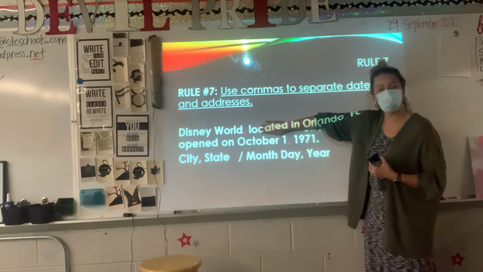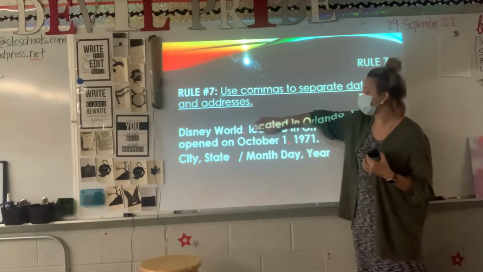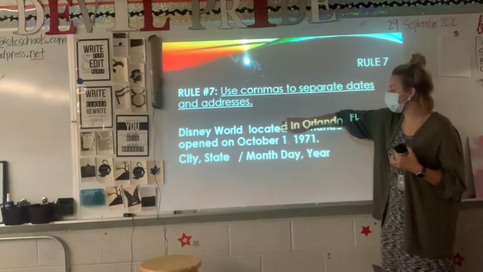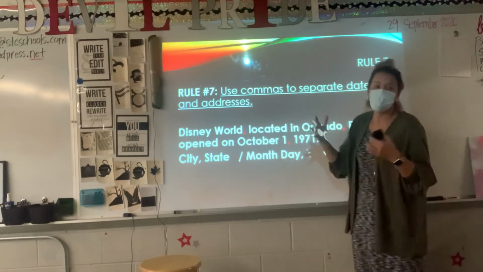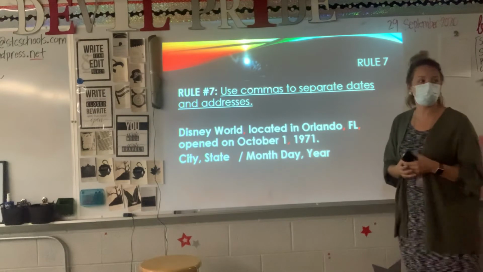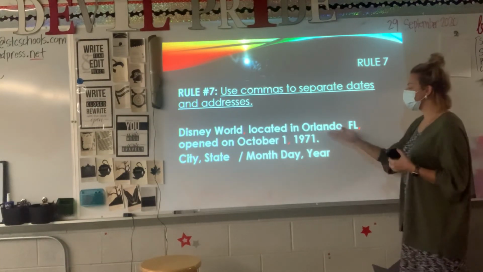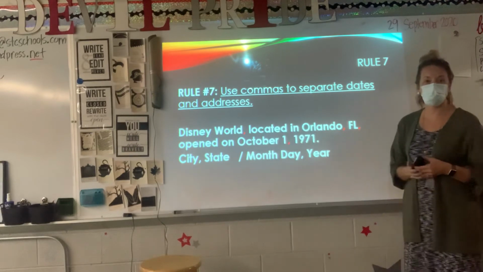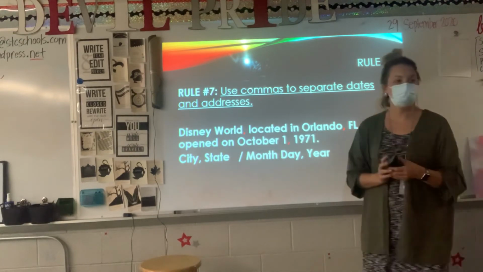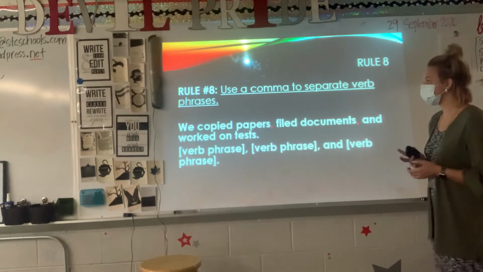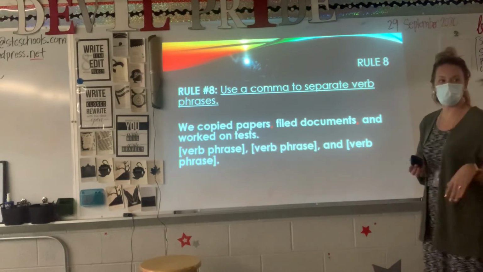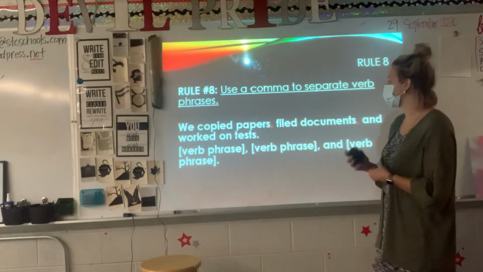If I took this interrupter element out, I'd be left with Disney World opened on October 1st, 1971. Still a complete thought. That's how I double check to make sure I put my commas in the right place. But for you guys, just pick a place to write down and a date to write down for rule number 7. I know that's like way, way throwback. You guys have known that rule forever, but just as a review.